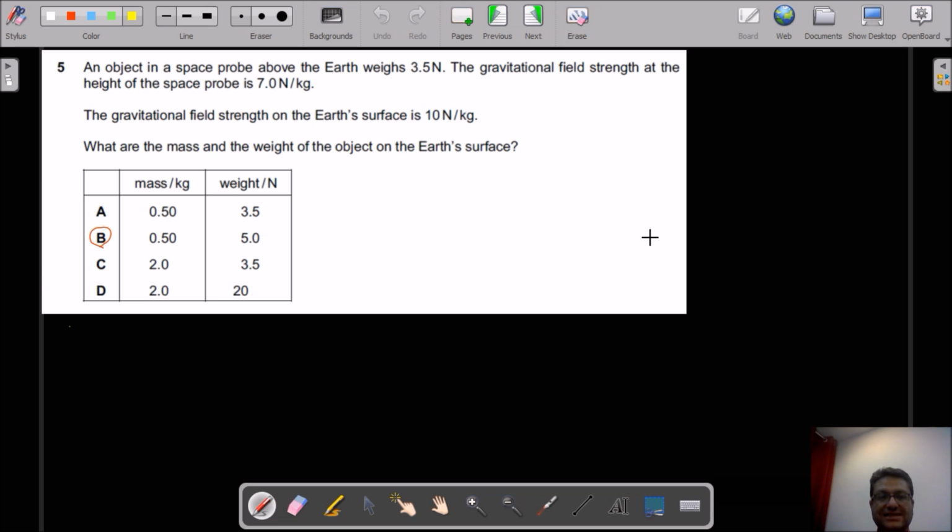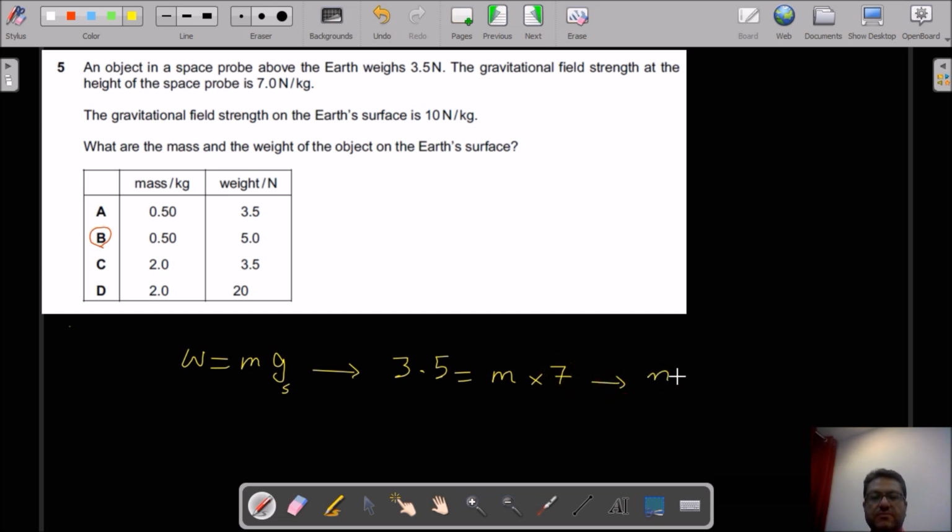First of all, we know that mass is constant everywhere. That's why W equal to mg. W is 3.5 on the space probe, mass is not given, times g in the space probe is 7.